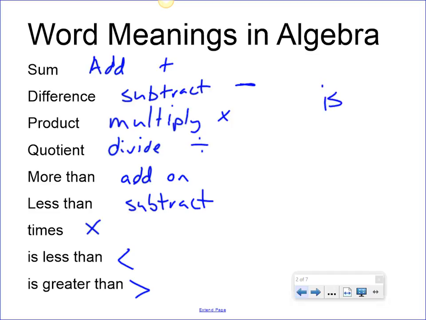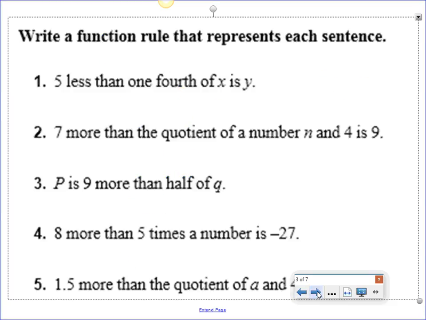The is means equals, okay? I think we've talked about it before, but I just want to remember that. So 5 less than means we're going to be subtracting 5 from 1/4 of x. So 1/4 x minus 5 is y, so equals y.